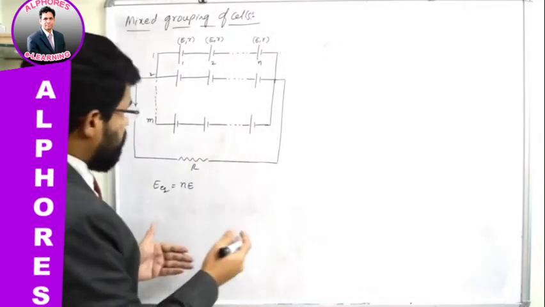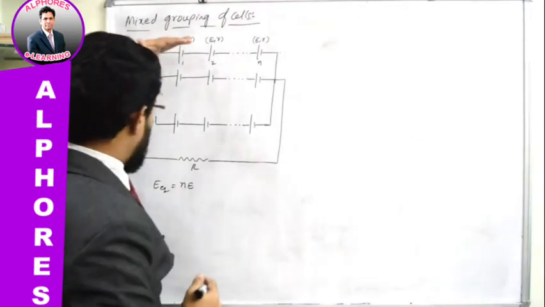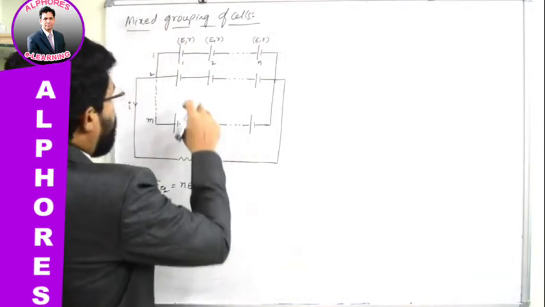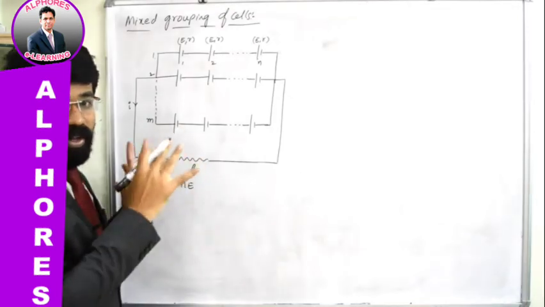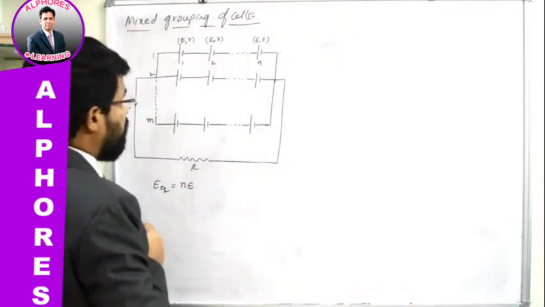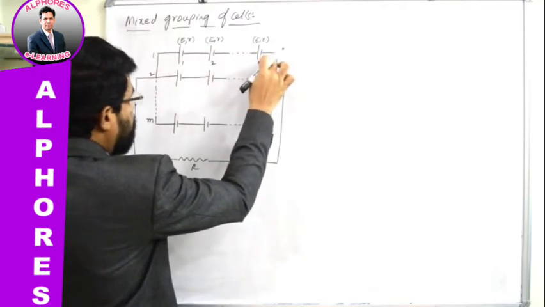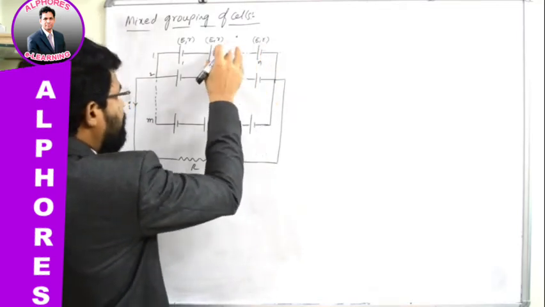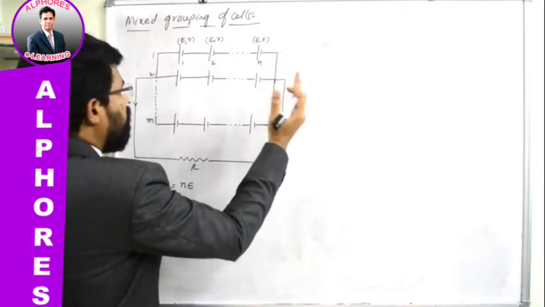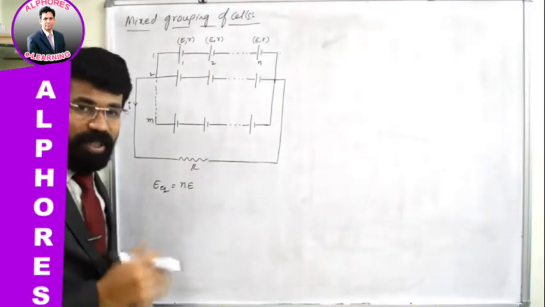Children, just now I told you in parallel combination, if all the branches are having identical cells, whatever EMF is there for a particular branch, the same EMF will be taken as the total EMF of the combination. Let me repeat this again.